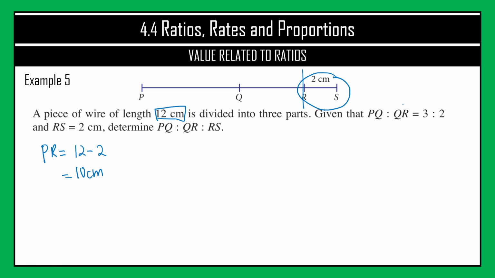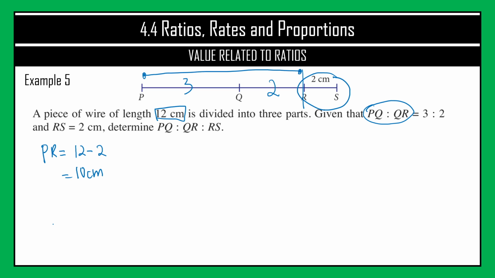The ratio given is PQ, QR is the ratio 3 to 2. 3 to 2 means 3 parts for PQ and 2 parts for QR.